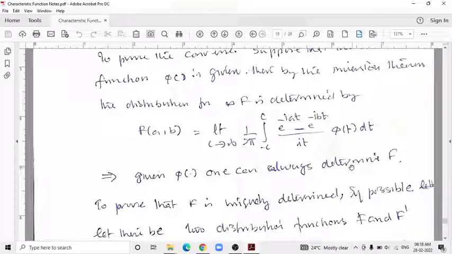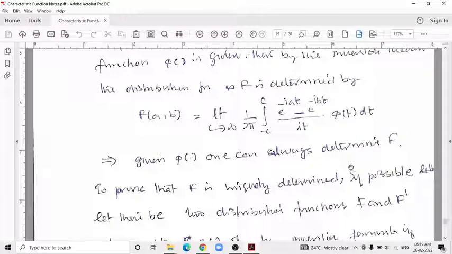Now next is how to show it is unique, that is, F is uniquely determined. Already we found that it is determined using the characteristic function. Now our attempt is to show it is uniquely determined.